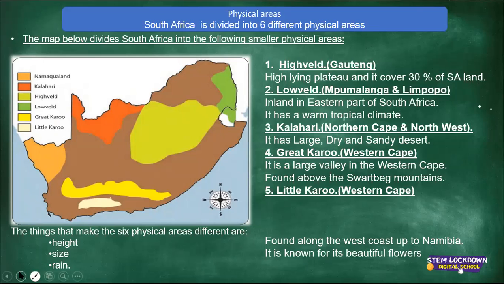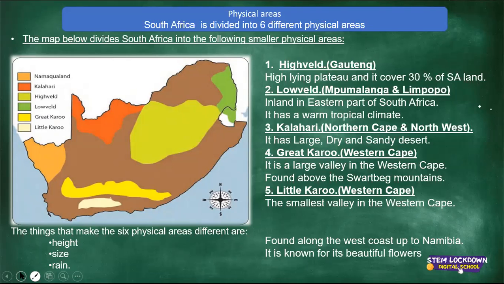The Little Karoo is also in the Western Cape, as well as the Great Karoo. So the Little Karoo is the smallest valley in the Western Cape. And as I've said in number 4, the Great Karoo is the largest valley, which means the Little Karoo is the smallest valley in the Western Cape.